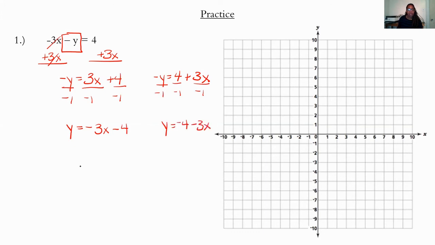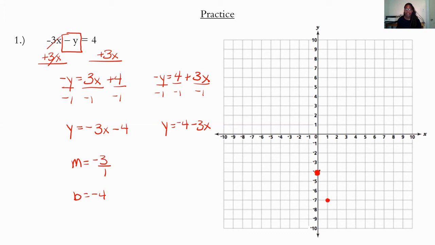So my slope is negative 3 over 1, or 3 over negative 1, okay? Then my y-intercept will be negative 4. So I'm starting at negative 4, and I'm going down 3, 1, 2, 3, and over to the right 1.